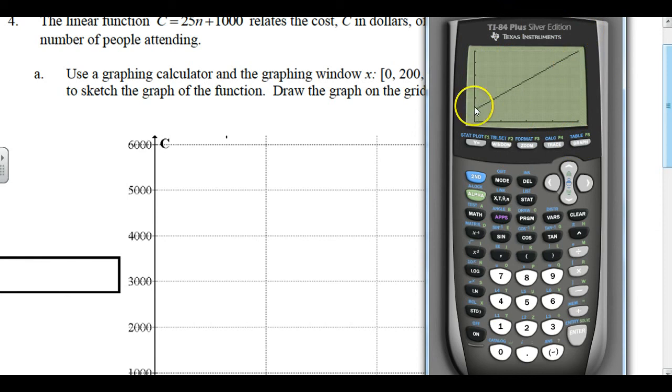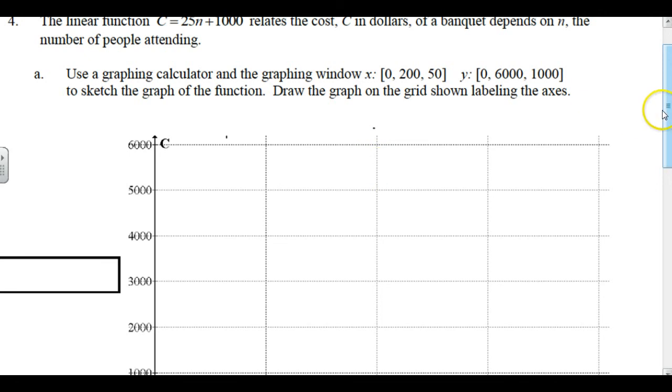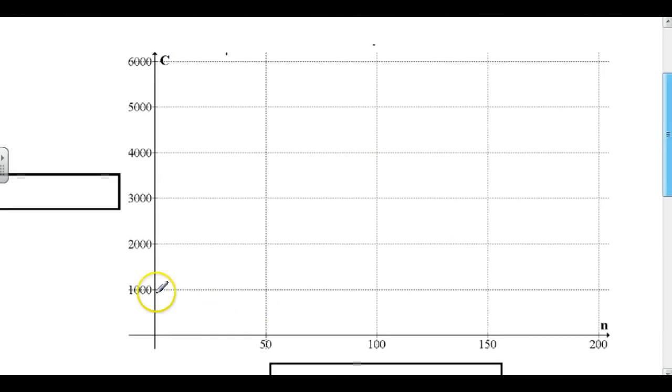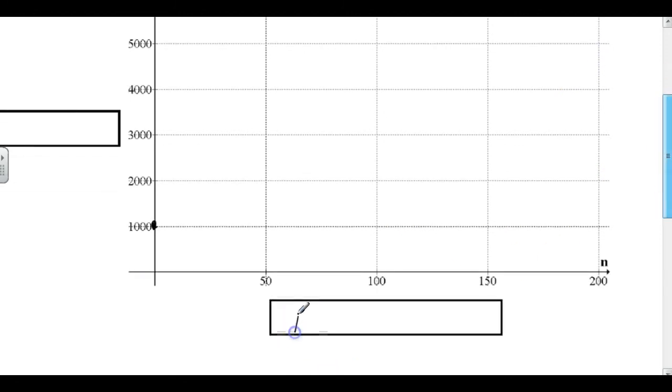Draw the graph on the window. So we've got a point here at 1,000, right? Because this is 1,000, 2, 3, 4, 5, and 6,000. And this is 0, 50, 100, 150, 200. So if we could get this point here, using second calc, value, x, 200, and y, 6,000. Okay, so we've got 2 points on the graph. Let's label this number of guests.